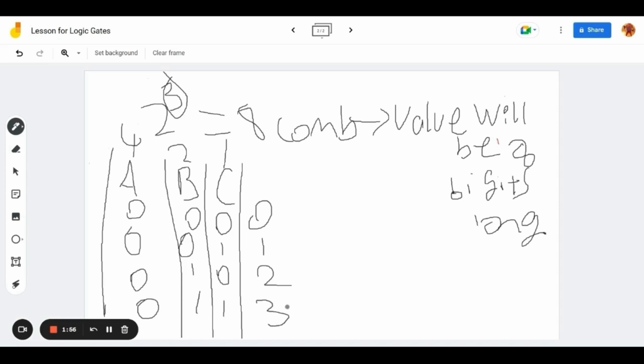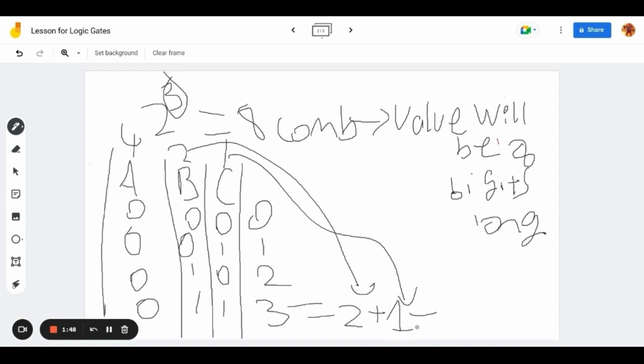And this is 3 because over here 2, then over here 1. So 2 plus 1 equals 3. That is why it's 3. As we move on to 4, it becomes 1, 0, 0. As you can see here, it's 4 because it's in this column, as this represents 4.